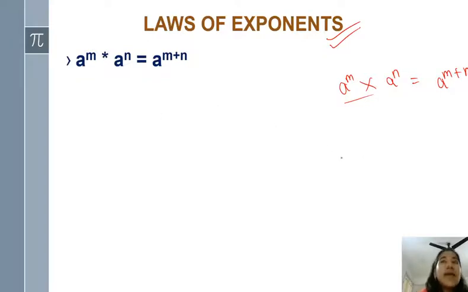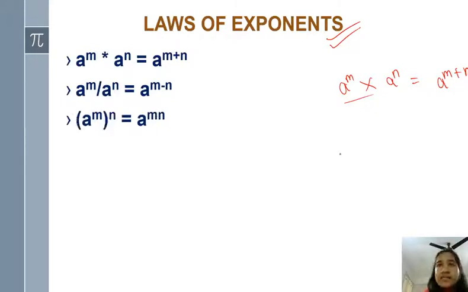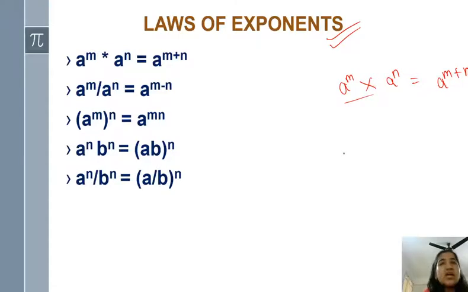a to the power m multiplied by a to the power n is equal to a to the power m plus n. a to the power m by a to the power n is equal to a to the power m minus n. a to the power m whole to the power n is equal to a to the power m into n. a to the power n, b to the power n is equal to ab whole to the power n. a to the power n by b to the power n is equal to a by b whole to the power n. a to the power 0 is 1.